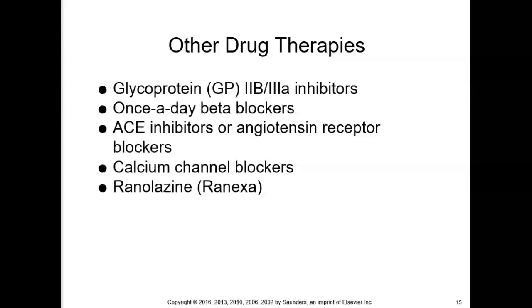Do not give beta blockers if the pulse is below 55 or the systolic BP is below 100 without first checking with the healthcare provider. The beta blocking agent may lead to persistent bradycardia and further reduction of systolic BP, leading to poor peripheral and coronary perfusion.